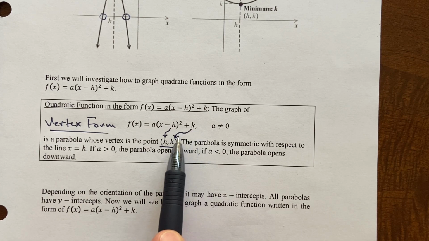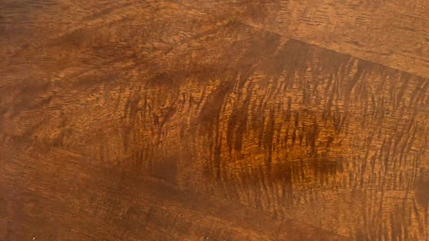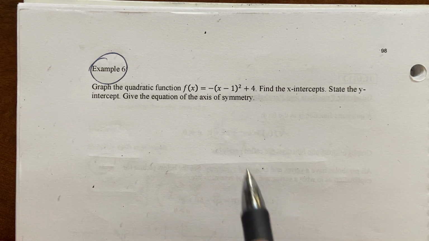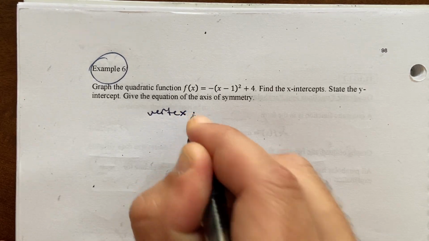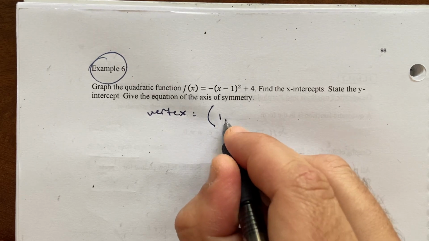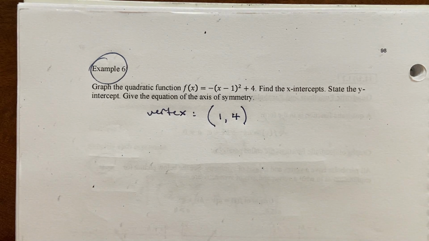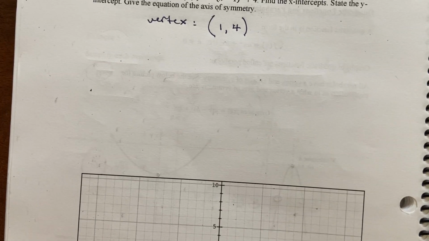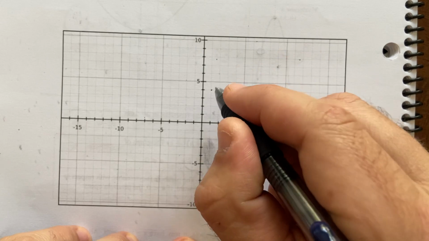If it's positive k outside, we did take positive k. So for this one, I'm looking here. The vertex, that special point, will be at the opposite of -1, so +1, and then the exact same as +4. So this is our vertex point. I'll come down here and plot that: 1, 4, right here.